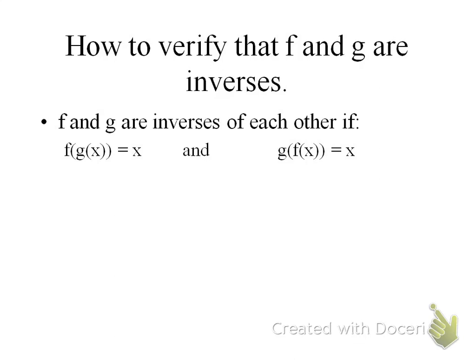Or here's the more precise way to do it. You do a composition of functions. So you plug g into the f function. See if it simplifies to give you x. Then you do it the other way. You plug f into the g function and see if it gives you x. If both of these work, then they are inverses.